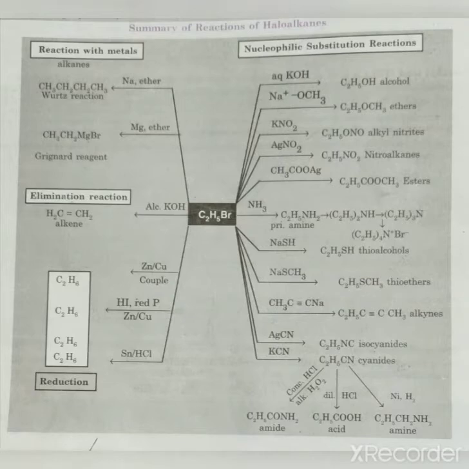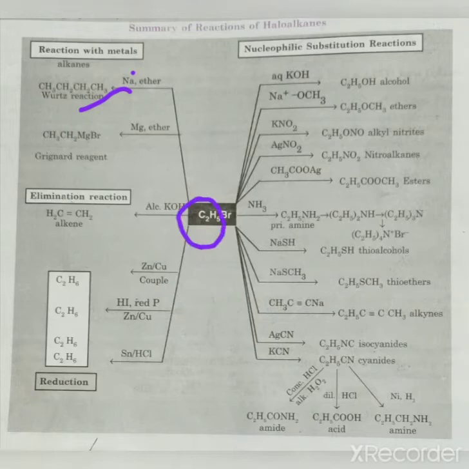Now we also discussed the reaction with metals. When it reacts with sodium, it gives rise to a hydrocarbon, that is an alkane. As I told you, this reaction is a named reaction called the Wurtz reaction. The Wurtz reaction is nothing but the doubling of R. Here what is R?